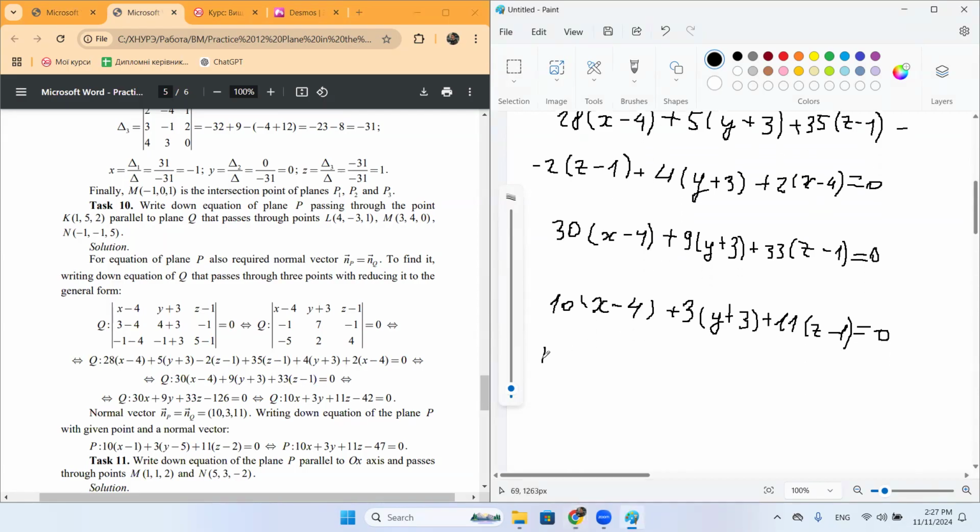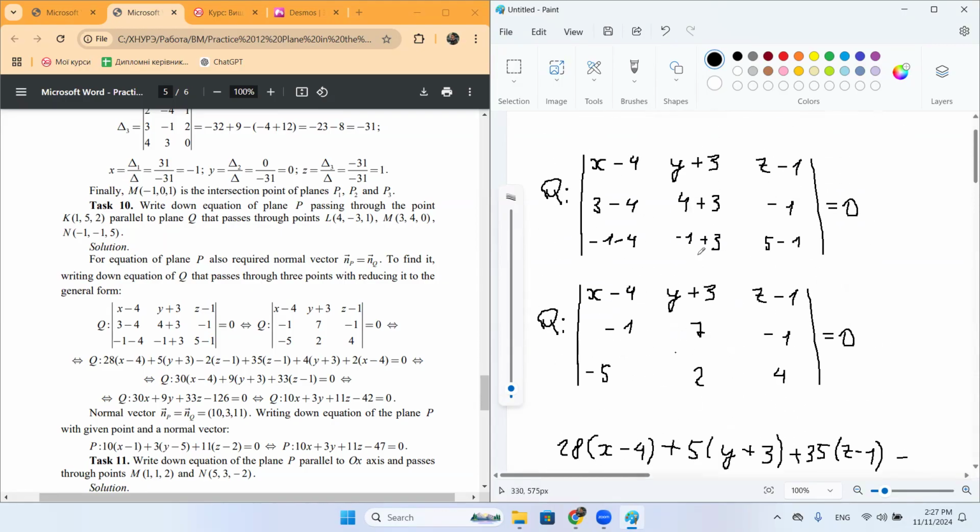Okay. And the normal vector for P equals the normal vector for Q. So it equals 10, 3, 11.